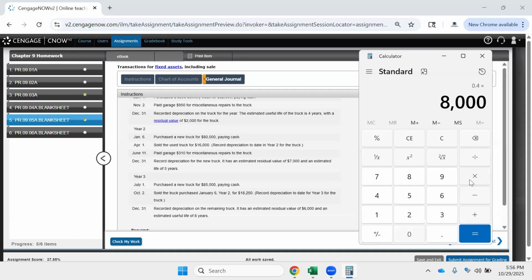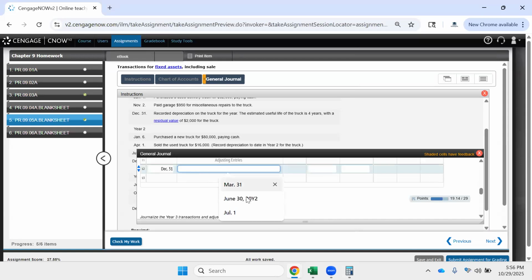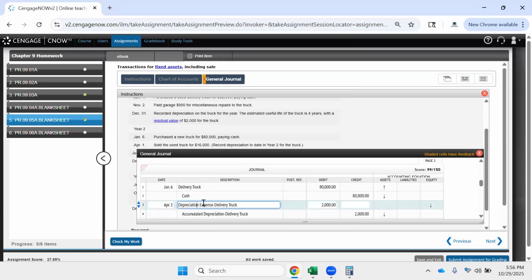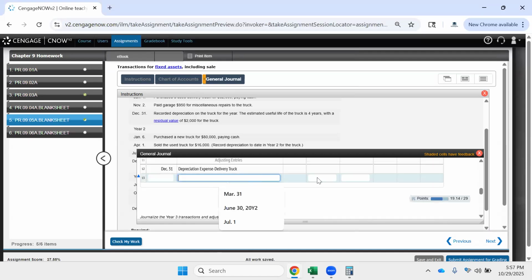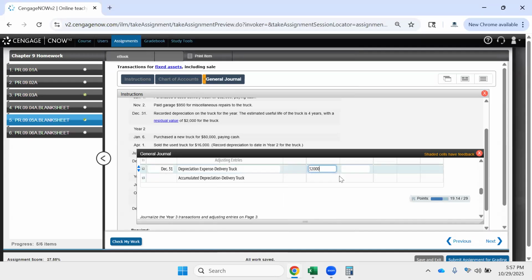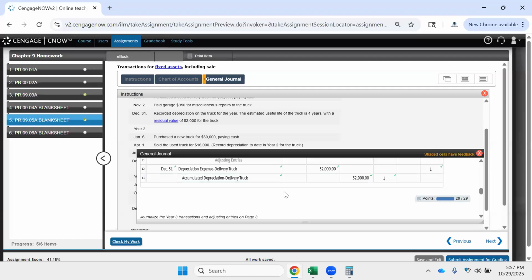So we take $80,000 times 40%, and we get 32,000 in depreciation expense. Perfect. So we had 32,000 in depreciation expense this year.